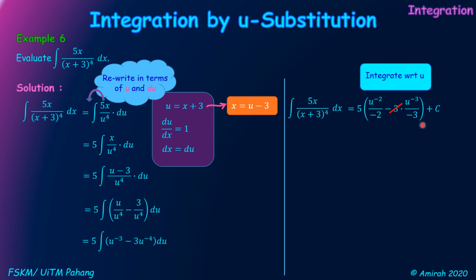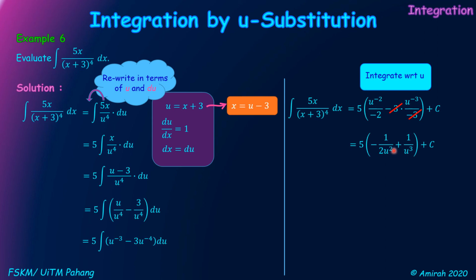After we integrate, we can simplify the -3 here and the -3 in the denominator. Then we have 5 and we move down the negative exponent here. The negative comes from here, and then 1 over 2 here, and u to the power of -2 we can write as u squared.